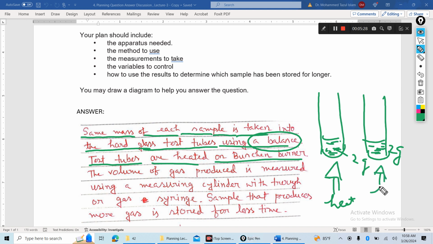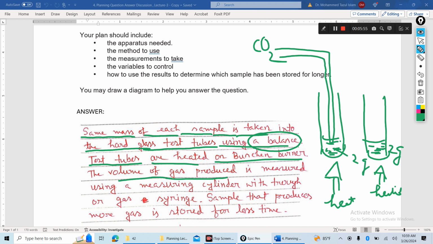This will produce carbon dioxide gas. When you give heat, baking soda breaks down to produce carbon dioxide gas.